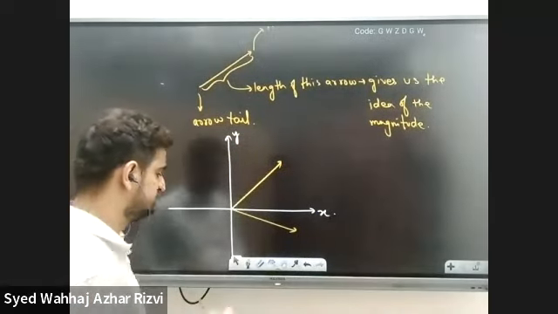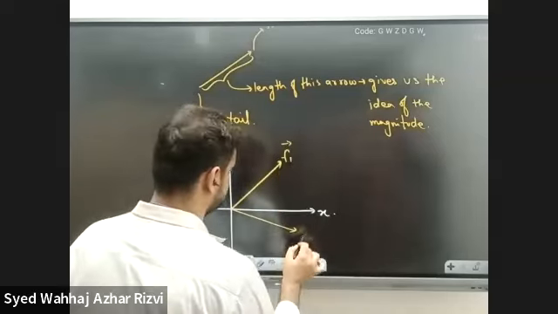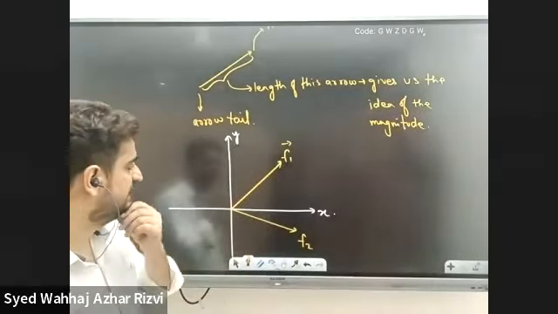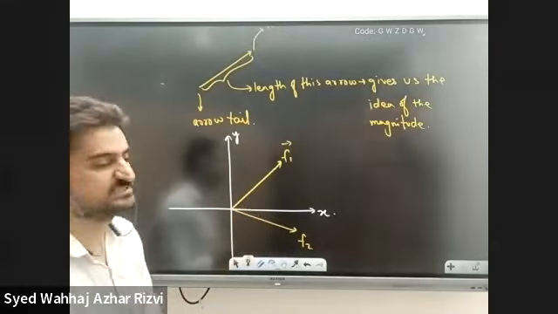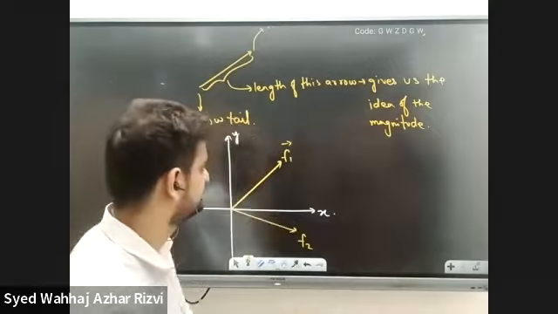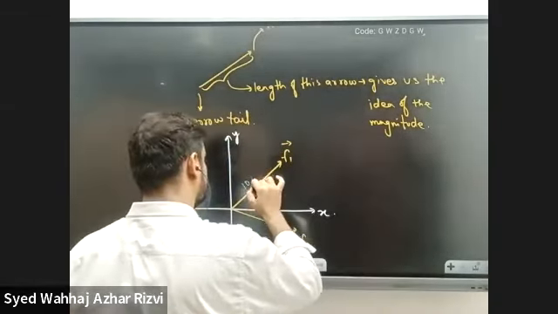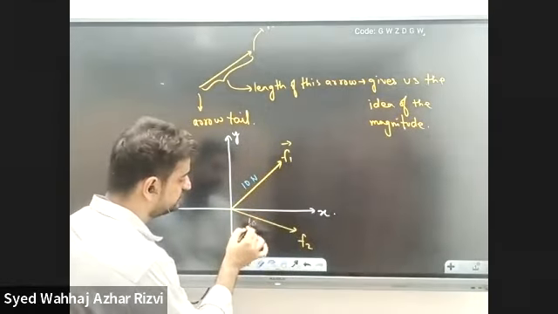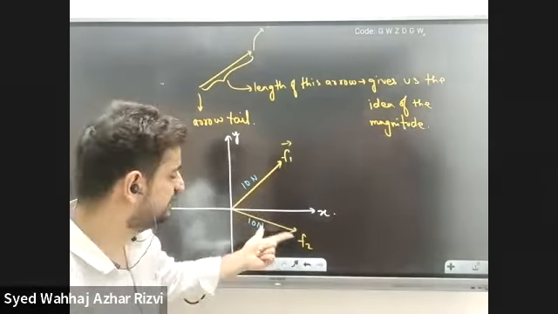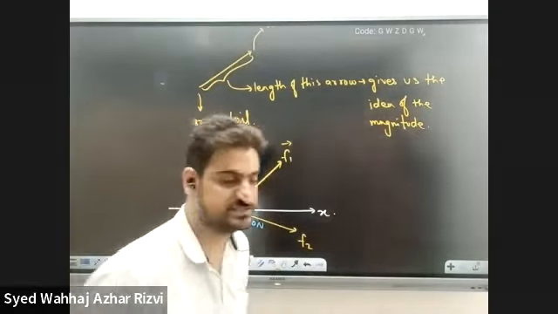Let's call this force F1 and this force F2. We can see that both of these arrows have equal length, but they have different directions. So if this is, let's say, 10 Newton of force, this is also going to be 10 Newton of force. The force F1 and the force F2 are equal in magnitude, but they have different directions.